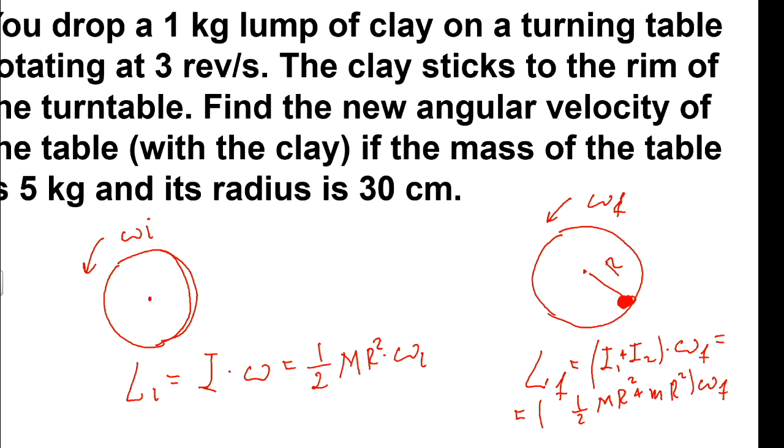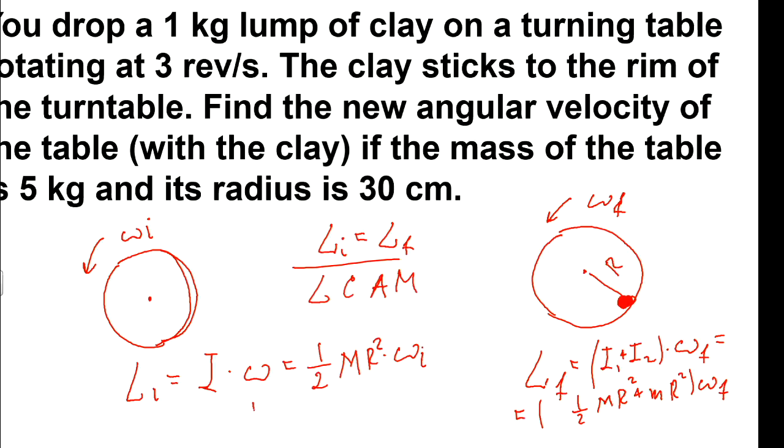That's not the law of conservation of angular momentum yet. It's a preparation for the law. What does the law say? The law says the initial angular momentum must be equal to the final. That's what the law says. This is the law of conservation of angular momentum. So what should we write?